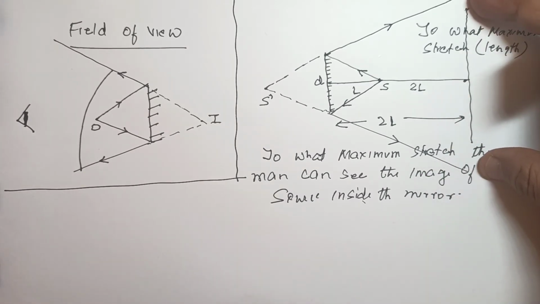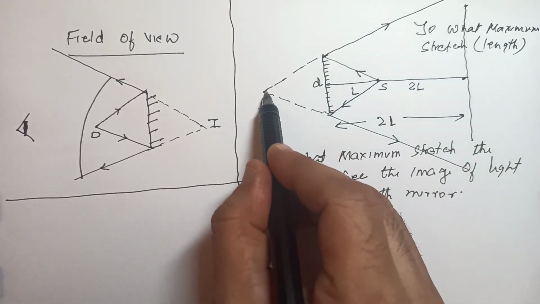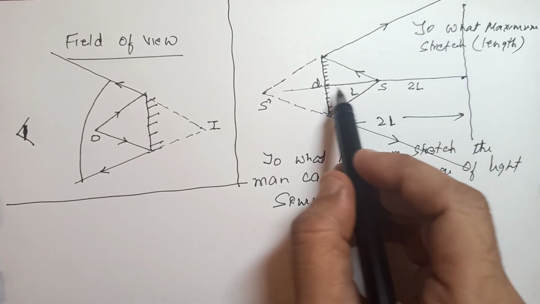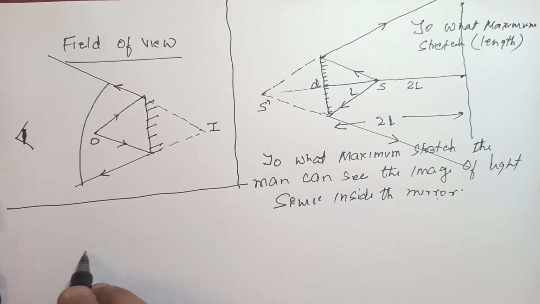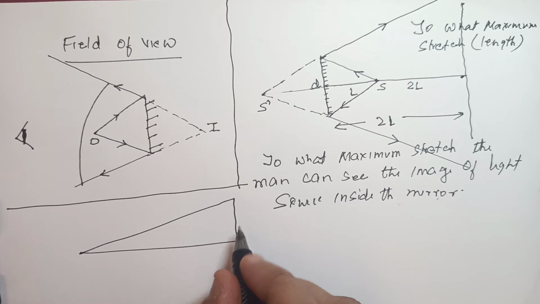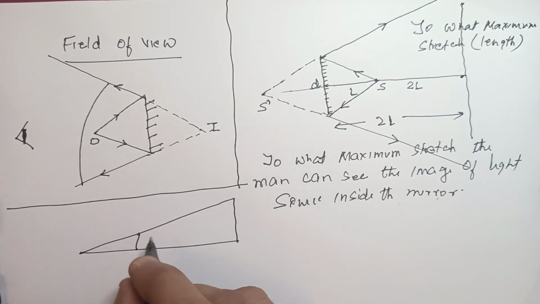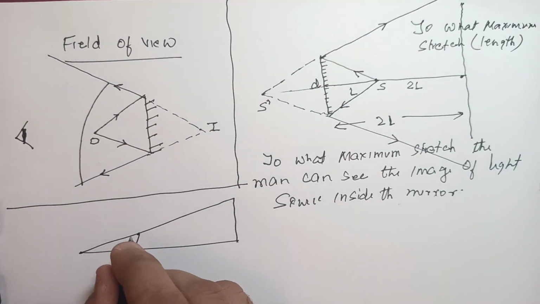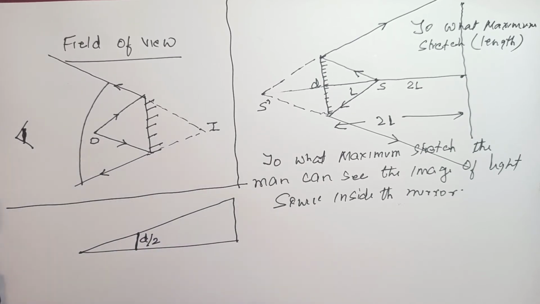Now how to do it? Very simple. Let's join this. If you look at this triangle, let's redraw it. Here this whole is d, so this is d by 2.